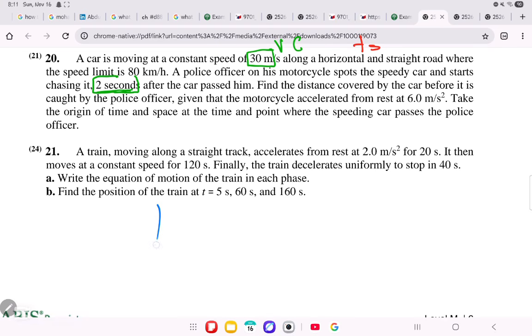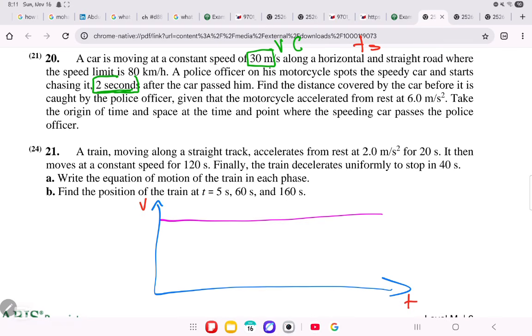This is going to be velocity and this is going to be time. Now, the velocity of the car is a constant velocity of 30 meters per second, so it's always 30 meters per second. Then, after 2 seconds, they said take the origin to be the time where the car passes the police officer.